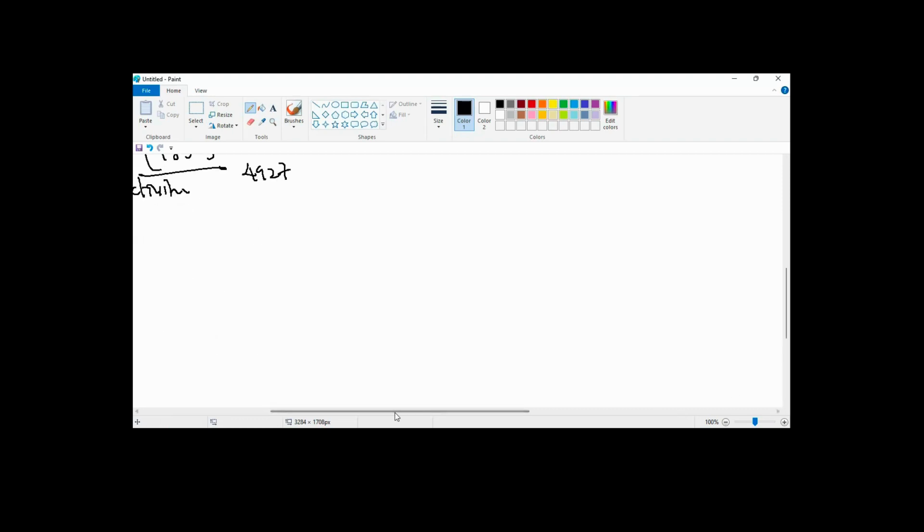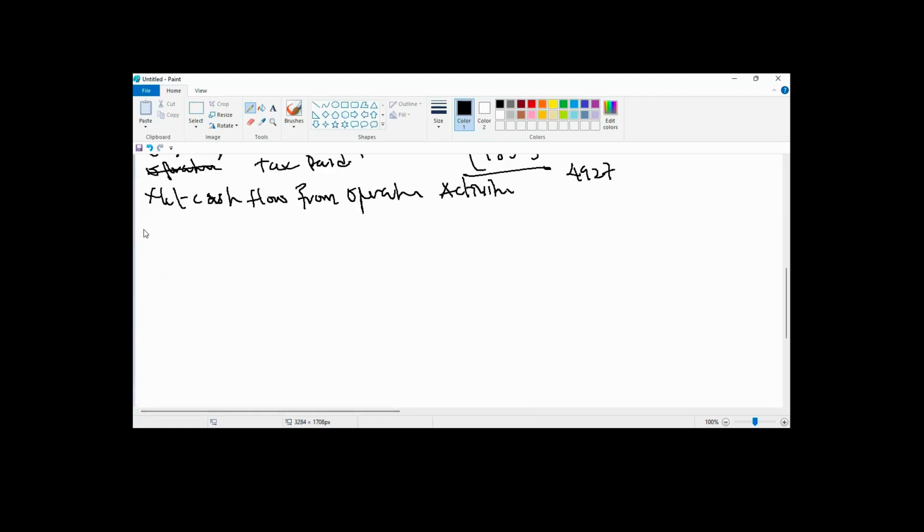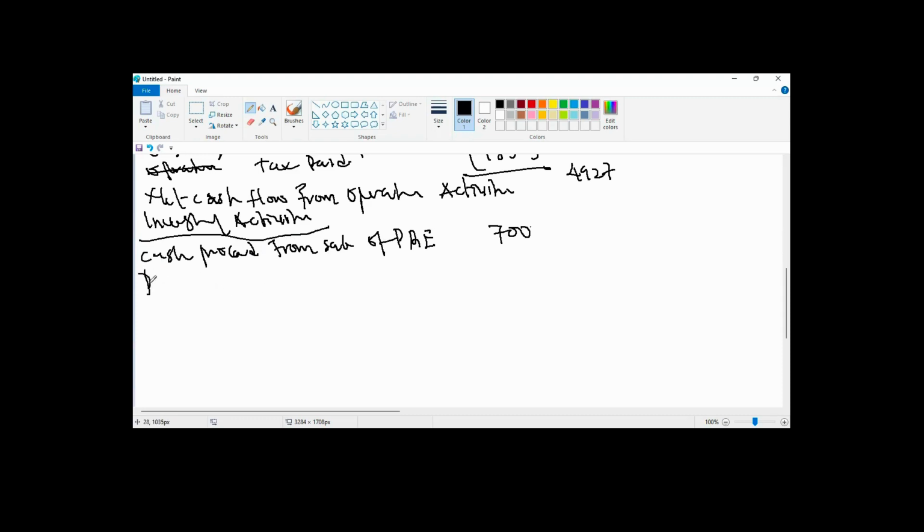Go to investing activities. Don't forget investing is acquisition. Cash proceeds from sales of PPE, 700. Purchase of PPE, 6,000.